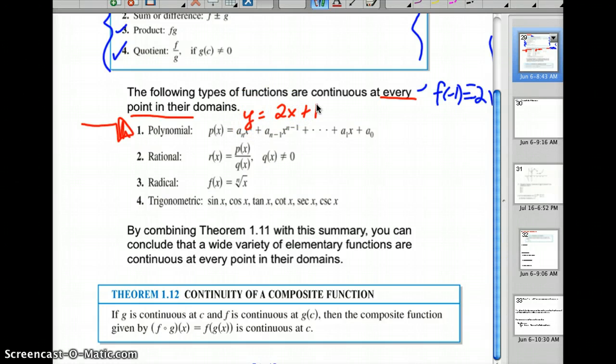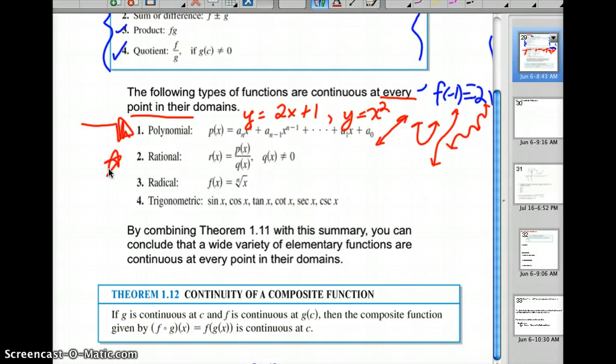That's continuous everywhere. Its domain is all real numbers. Your parabola is continuous everywhere, and its domain is all real numbers. Graphically we've got our lines, parabolas, and cubing functions. Generally the 4th degree and 5th degree, they kind of all look like that, your polynomial functions of some sort, and they're continuous everywhere.